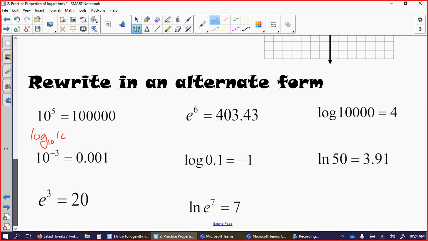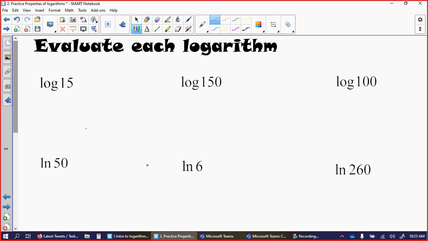Log base 10 of 1 of 20 equals 3, are those ones. Evaluate each logarithm. I can do that one in my head. That one's 2.